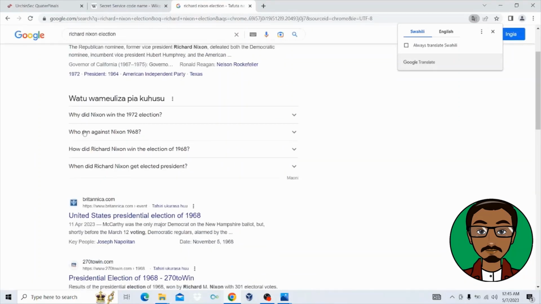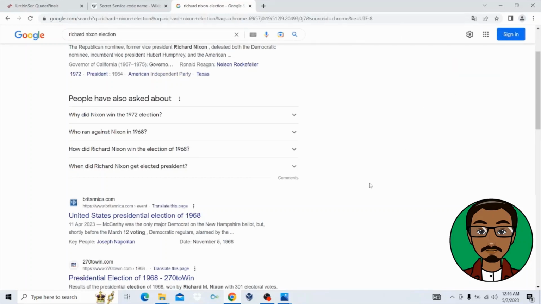But let us just Google search for the sake of it. And you can see here, who ran against Nixon 1968? How did Richard Nixon win the election of 1968? So from a human perspective, the way human beings think, they'll definitely use a pin that they are going to remember very easily.